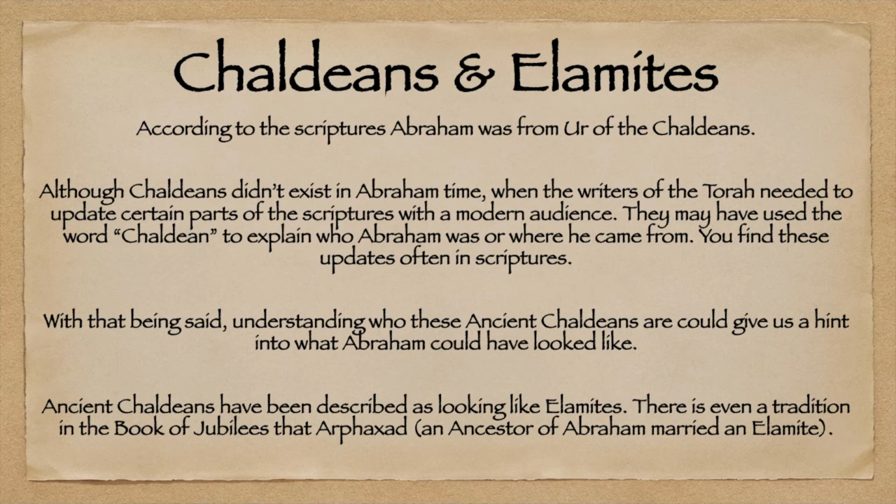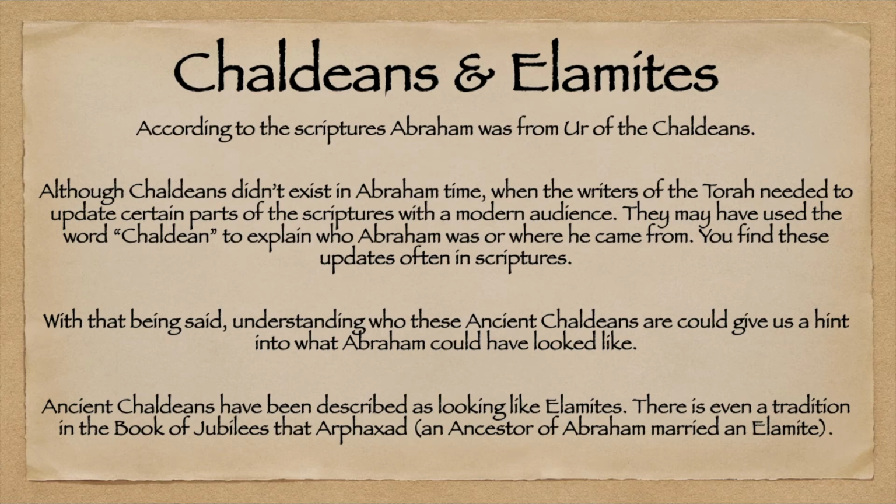Another quick example I'll give is using the term Pi-Ramesses when it comes to the Exodus, but originally that region was Avaris or Goshen. That was an update in scriptures.